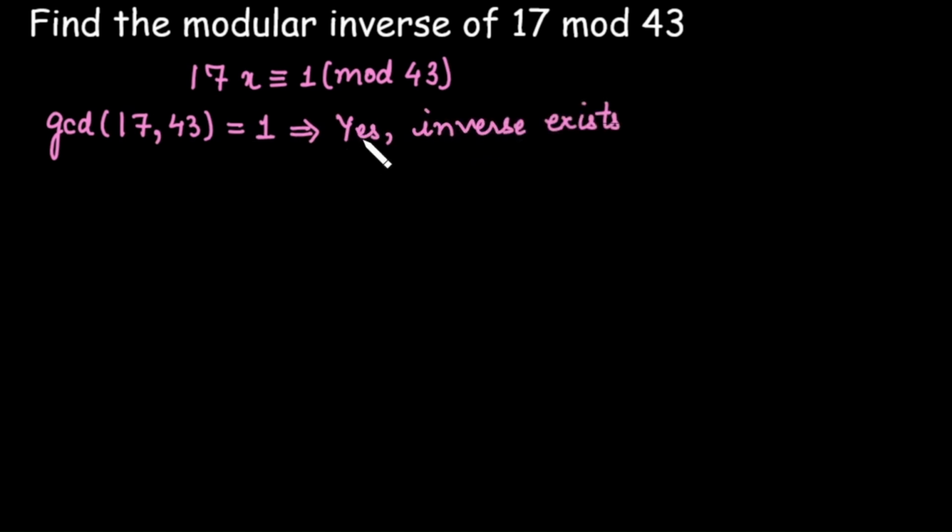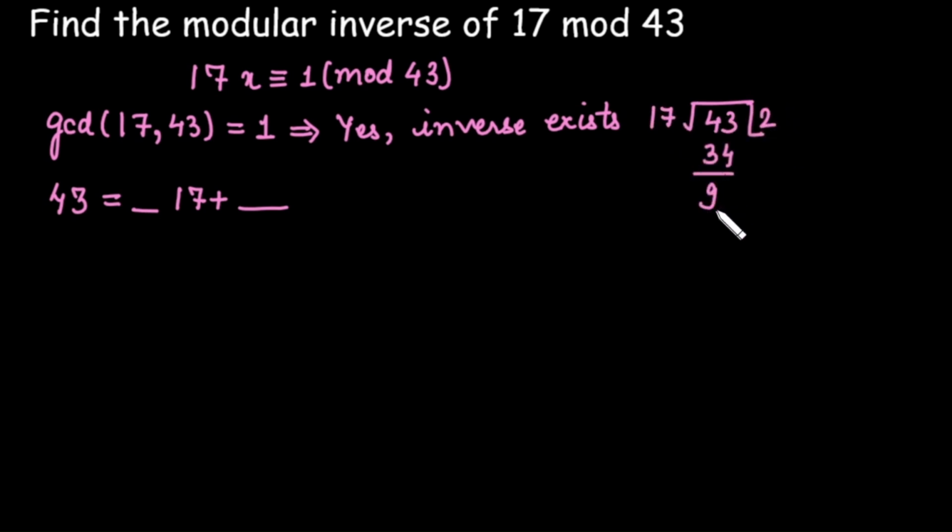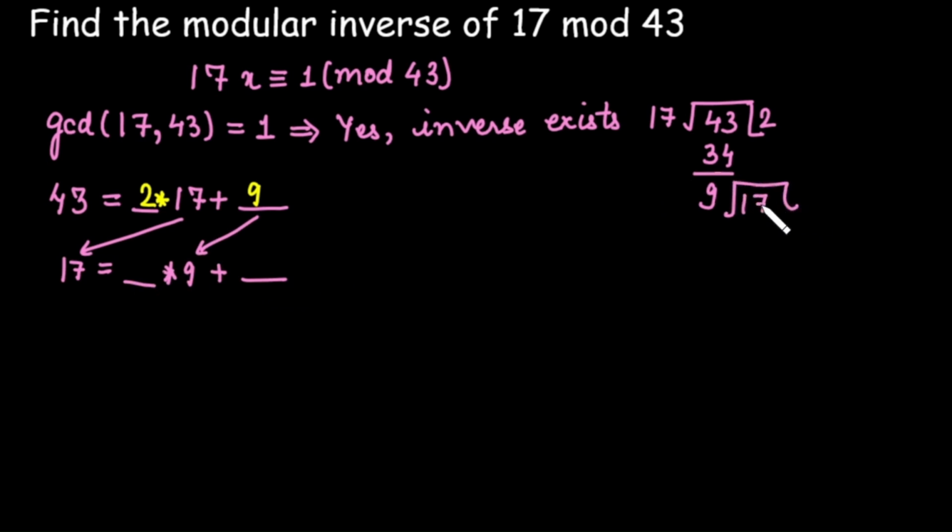So if the inverse exists, the first step is to apply the Euclidean algorithm. We will take the largest number 43 and divide by 17, and find the quotient and remainder. When 43 is divided by 17, quotient is 2 and the remainder is 9. Then divide 17 by the last remainder 9.